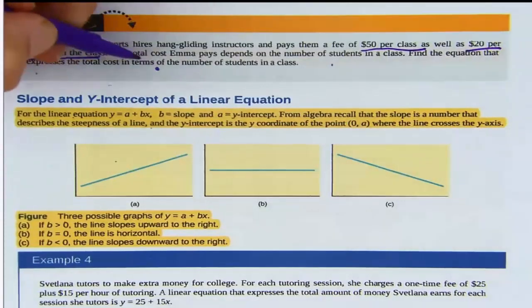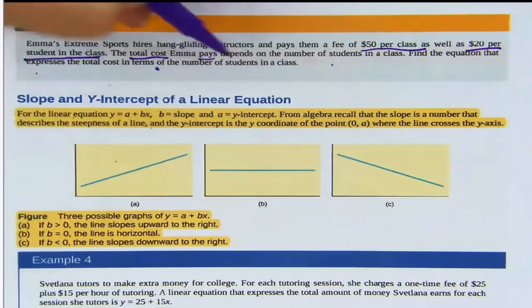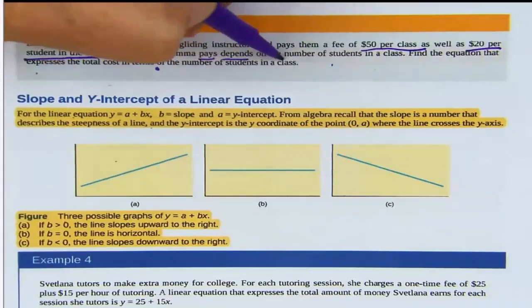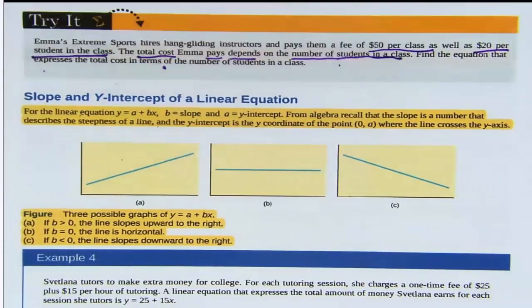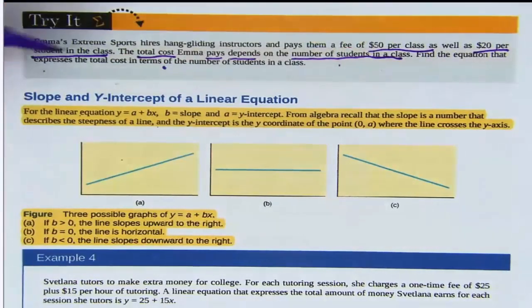The total cost Emma pays depends on the number of students in the class. Find the equation that expresses the total cost in terms of the number of students in a class.